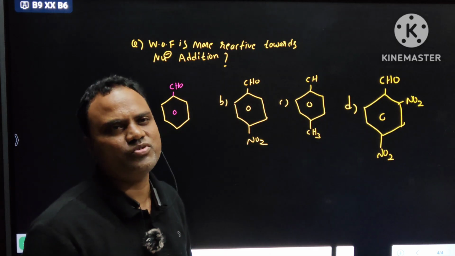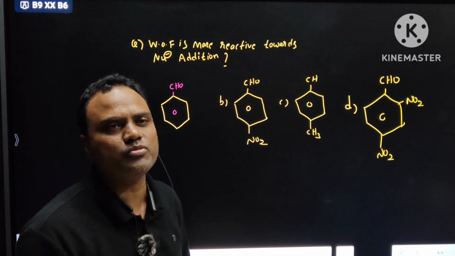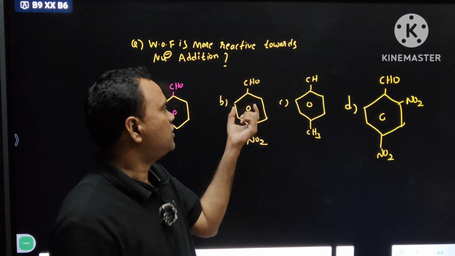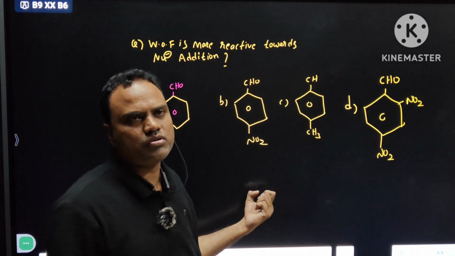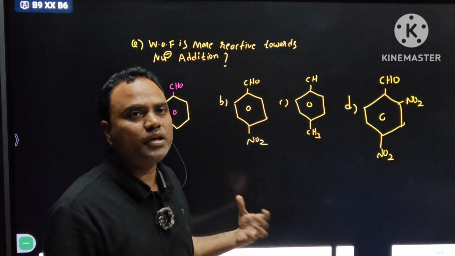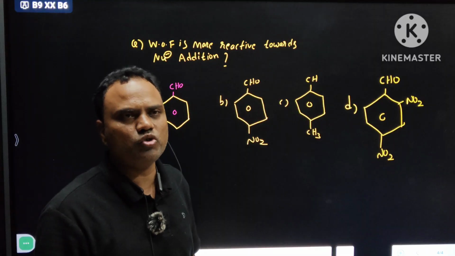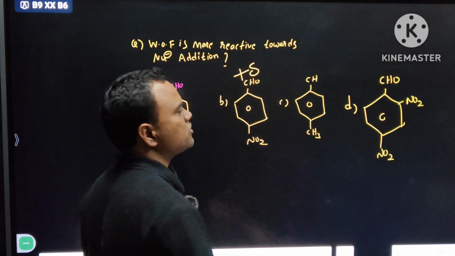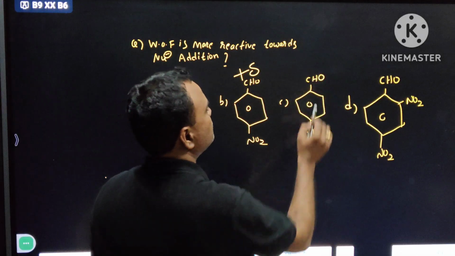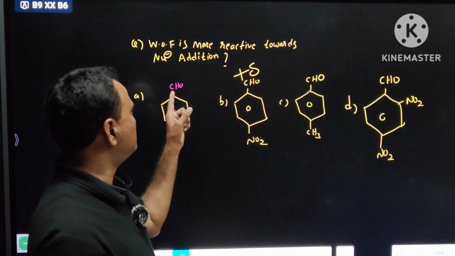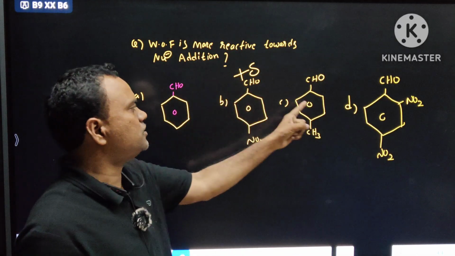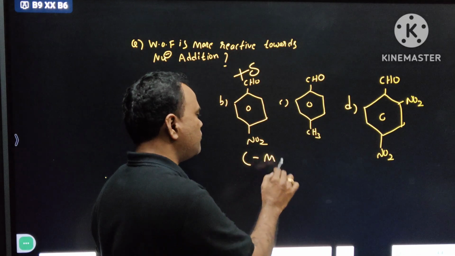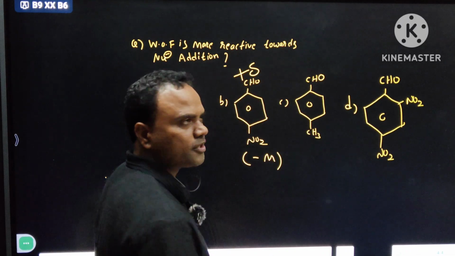Because two minus M groups are present. See what happens if a minus M group is present. If a minus M group is present, it withdraws electrons and makes more positive charge. This carbonyl carbon has a large positive charge. Compared to the carbonyl carbon of this and this, because the minus M group NO2 is there, NO2 is a minus M, electron withdrawing.